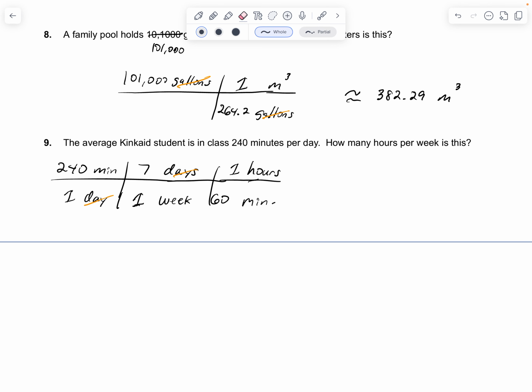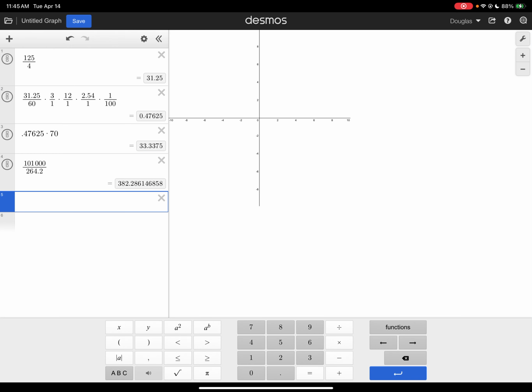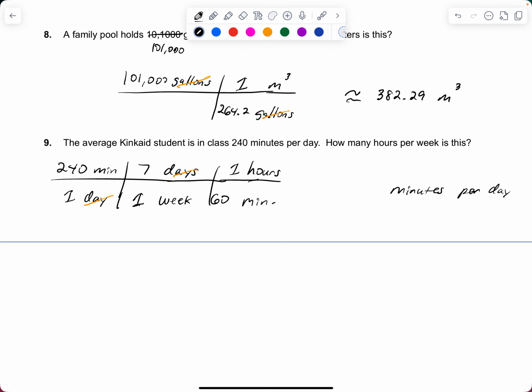All right, which will allow me to then do my math. So I'm going to do 240 times 7 and then divide by 60. 240 times 7 divided by 60, which is 28 hours per week.